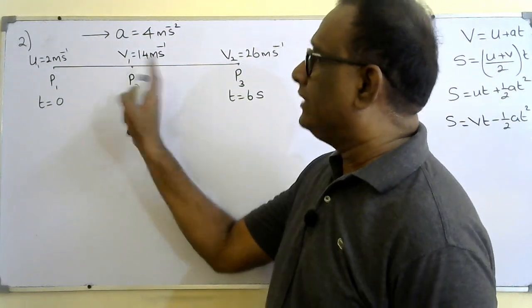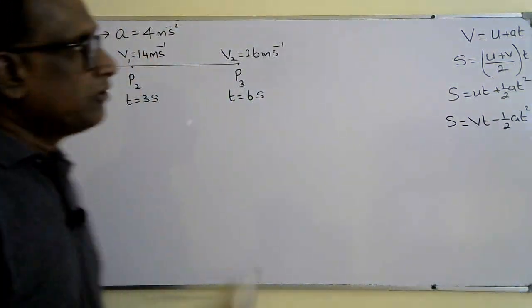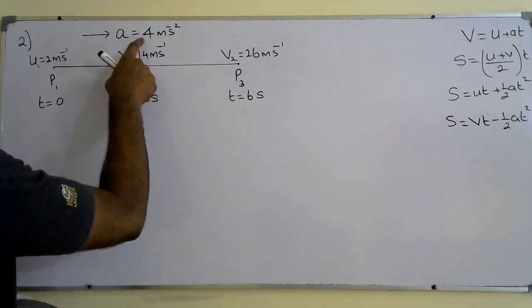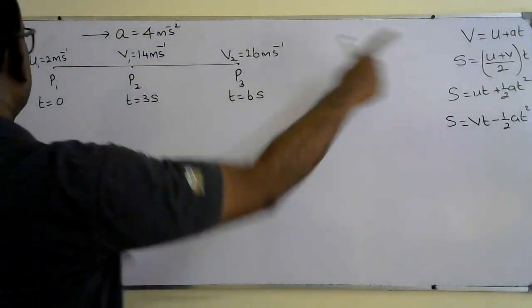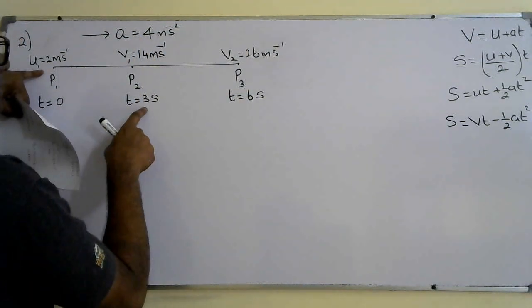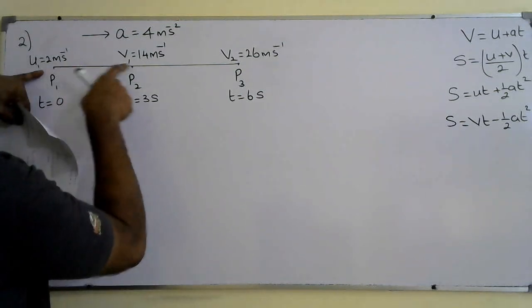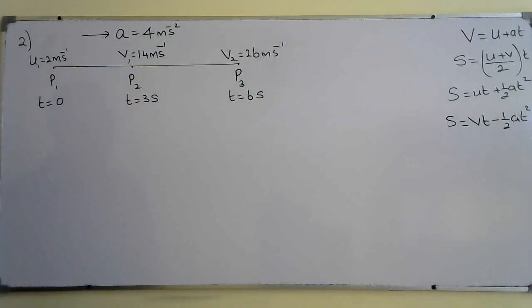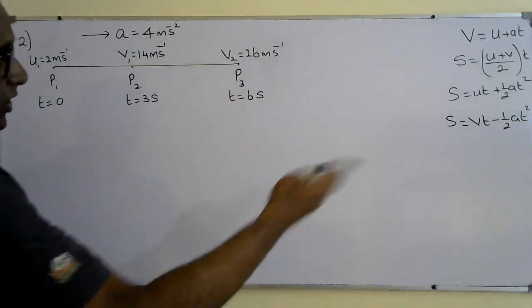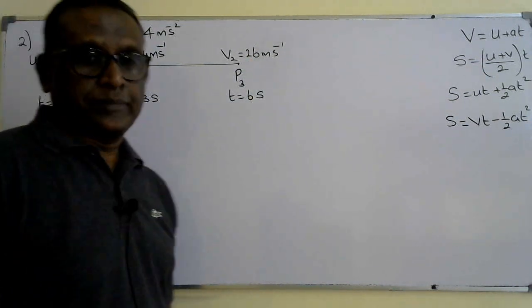You can substitute into v equals u plus at: u equals 2, a equals 4, the time is 3 seconds, so 4 into 3 is 12, plus 2, 14. That's right. Then later at time t equals 6 seconds, the velocity is 26 meters per second.